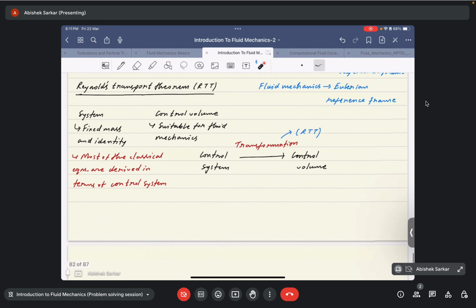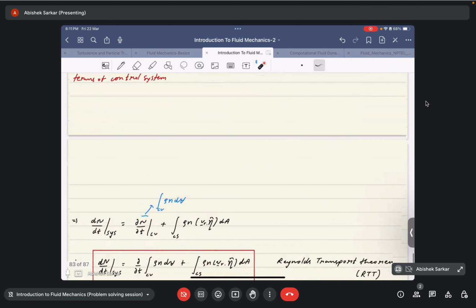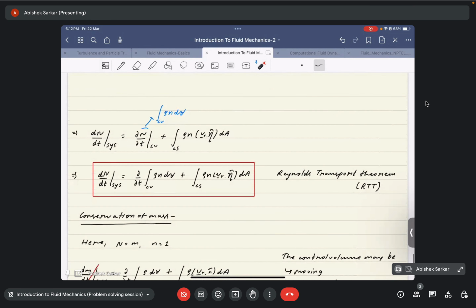As per the regular agenda of our problem solving sessions, I will not go through the detailed derivation of the Reynolds transport theorem, or RTT as I will say from now onwards, because if you attended the lecture by Professor Chakraborty, you would have seen that he gave ample time and discussion to help you understand the very origin of this theorem by detailed derivation.